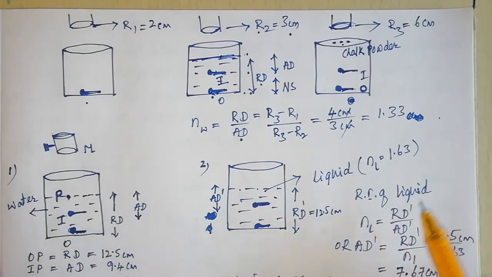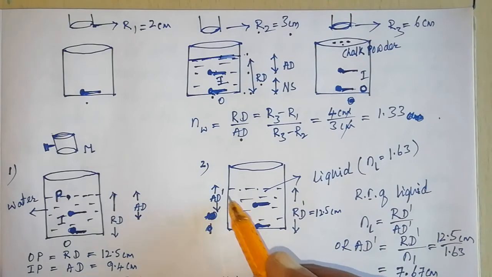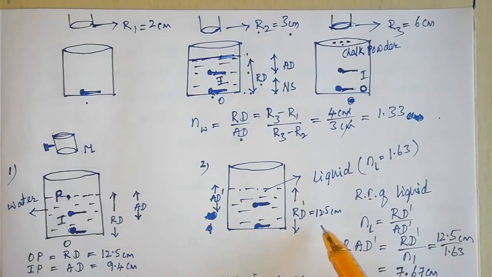Thereby what we calculate is the refractive index of the liquid, NL, which is real depth RD dash divided by apparent depth AD dash. Here the liquid is also filled to the same height, in the sense real depth is the same, 12.5 centimeter.